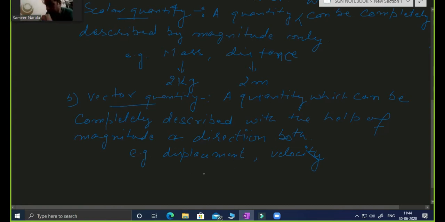Direction is absolutely very important. For example, if you say the displacement is 2 meters towards north, the direction is always required for vector quantities. So this is for scalar quantity and vector quantity.